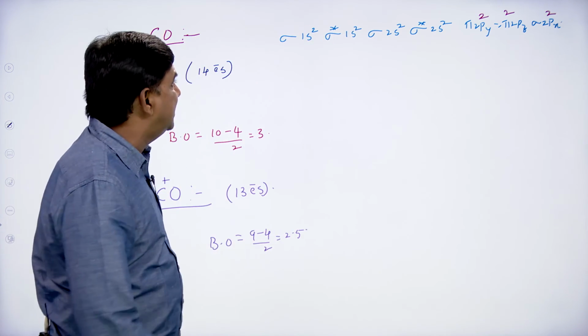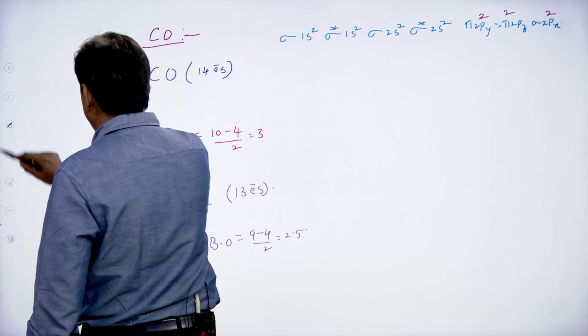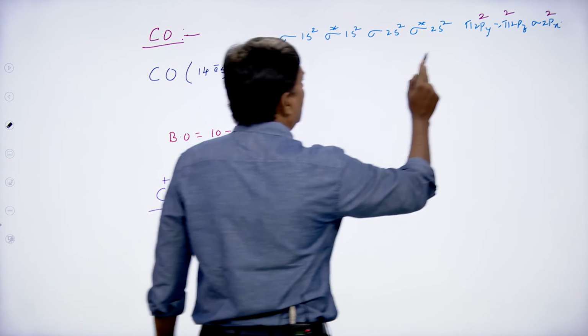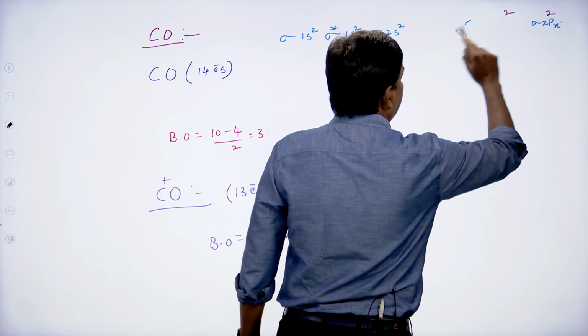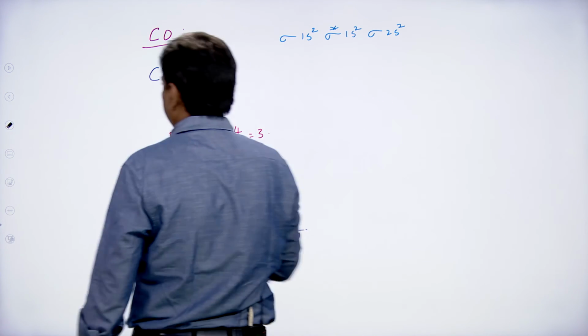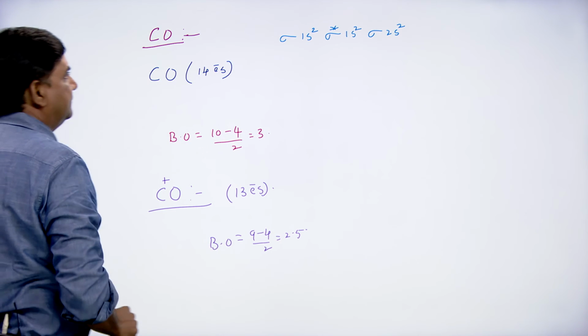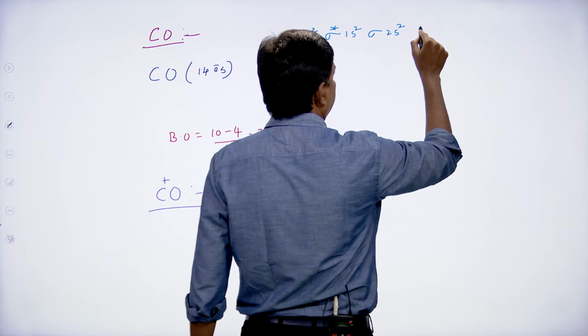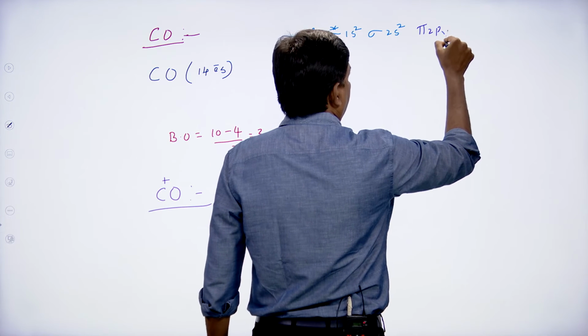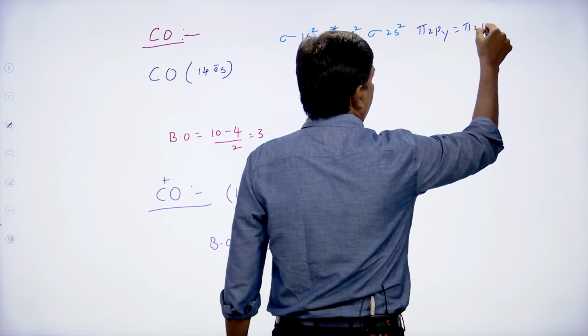Therefore, based on that, the bond order is written. Pi 2py is equal to pi 2pz.